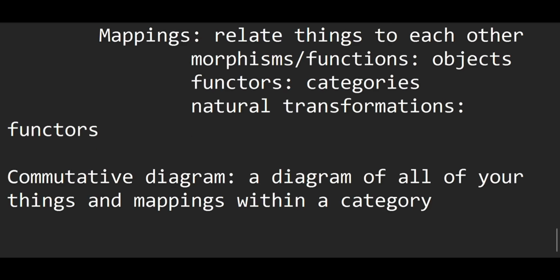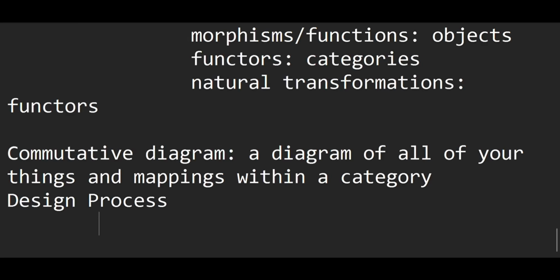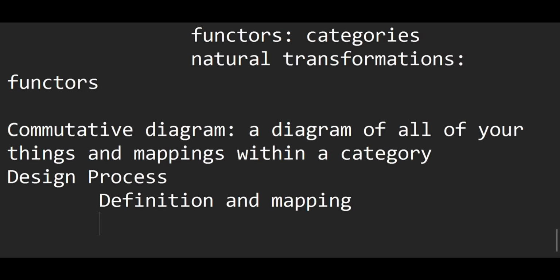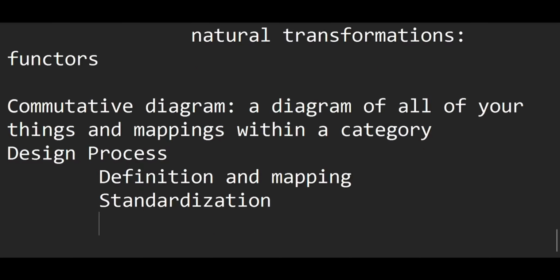And we talked about the design process, which includes the definition and mapping. It includes the standardization, and it includes the proof, which we won't cover until a much later part of category theory.